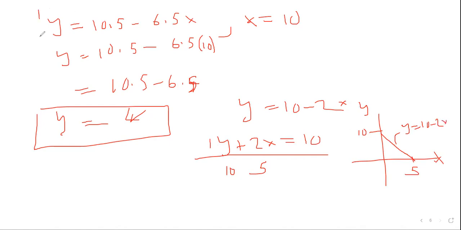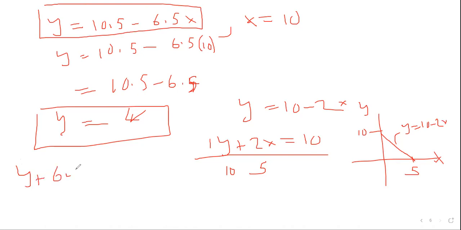Now suppose we're going to use our own equation here, where the data should be on one side. So this will be y plus 6.5x is equal to what? 10. So there's an invisible 1 there. 1 into 10 is 10. Okay. Then this is 10.5. 1 into 10.5 is 10.5.